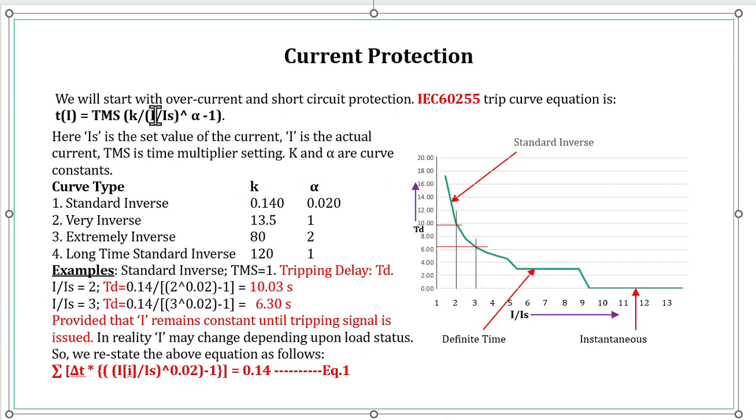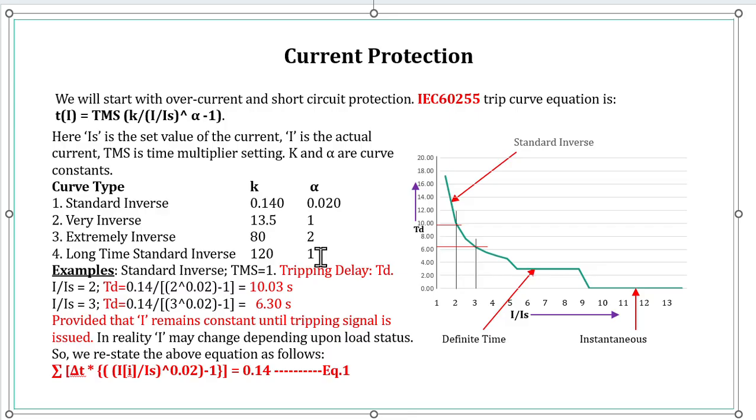K is 0.14 and alpha is 0.02. If you take very inverse, then K is 13.5 and alpha is 1. So K and alpha are defined in the IEC 60255. Then it can be extremely inverse, where K is 80, alpha is 2, or long time standard inverse, where K is 120 and alpha is 1.